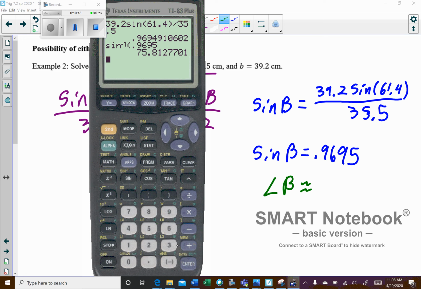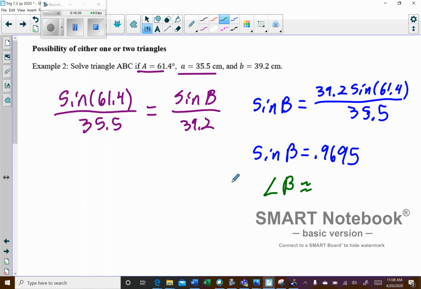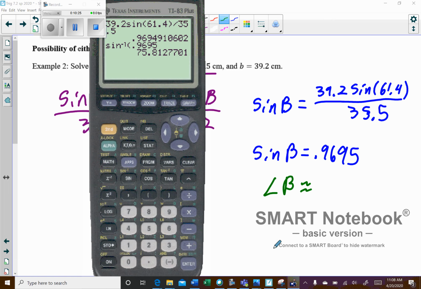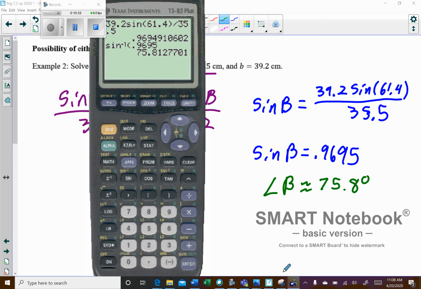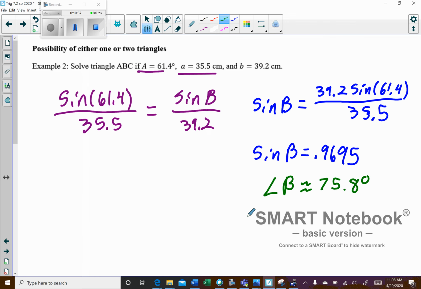They rounded to one decimal place, so we'll do the same. So we'll round that to 75.8 degrees. Okay, so that's going to be our case one. Okay, so we'll go ahead and label that case one.